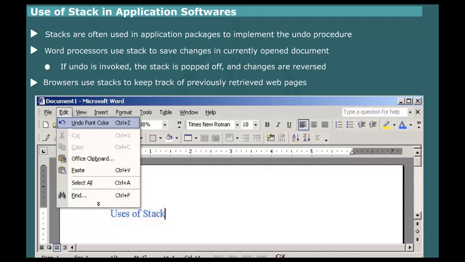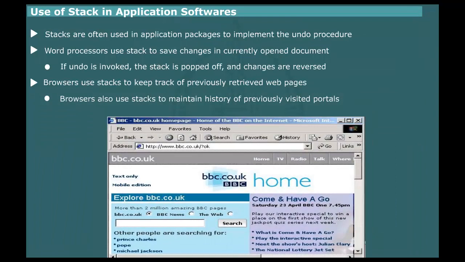In word processing, for example, any changes to a currently open document are pushed onto the stack. When the undo option is exercised, the changes are popped off the stack and applied to the current version to revert to the old version of the document.